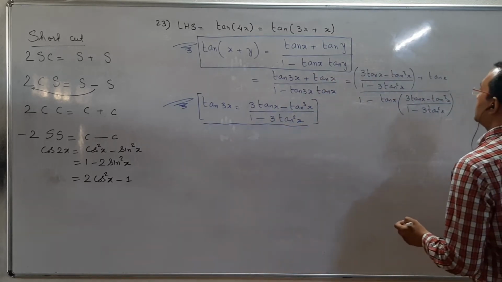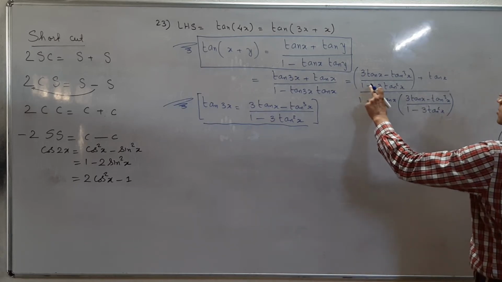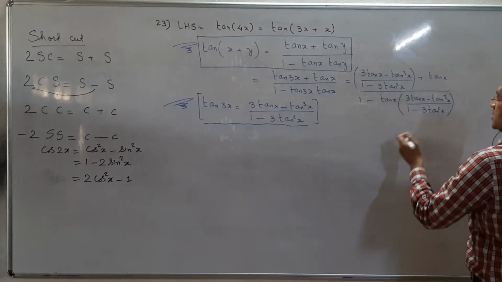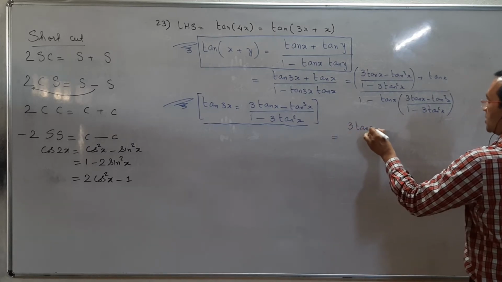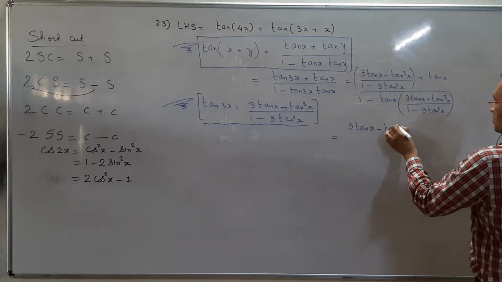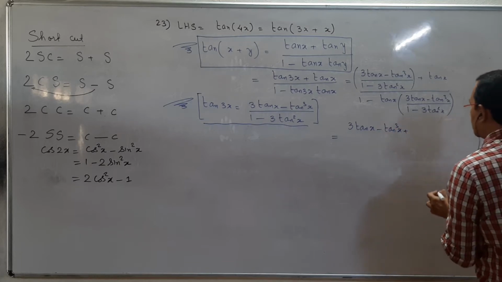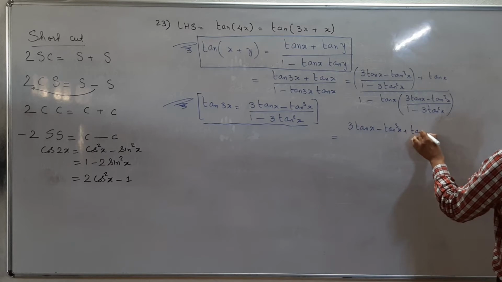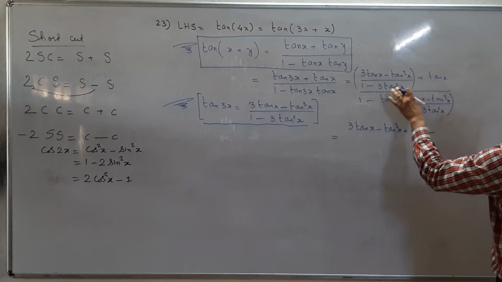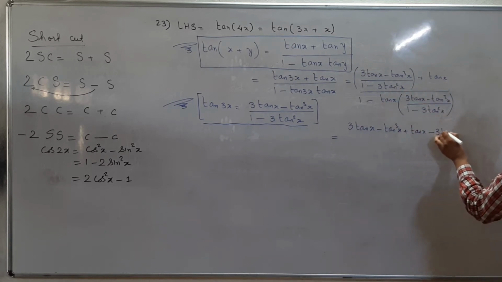Now, taking 1 minus 3 tan square x as LCM, we get 3 tan x minus tan cube x plus tan x into 1 minus tan x into 3 tan square x, so 3 tan cube x.